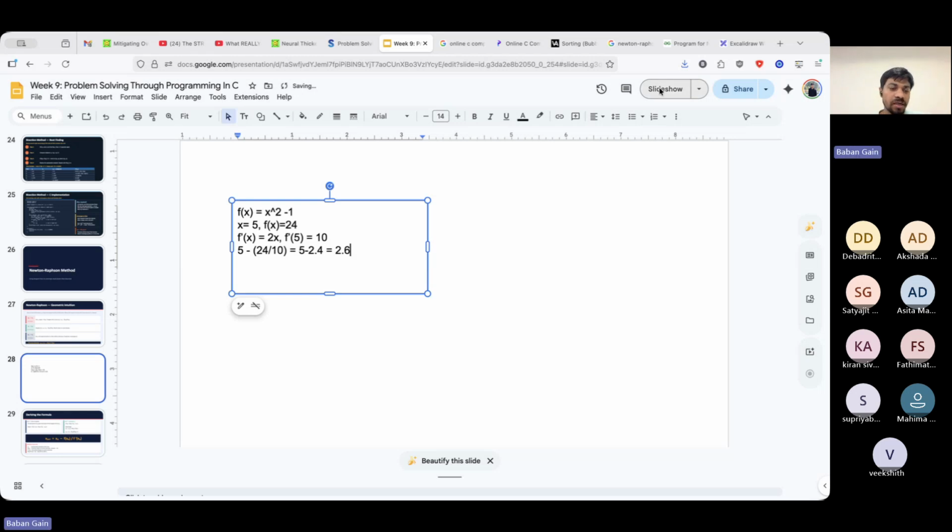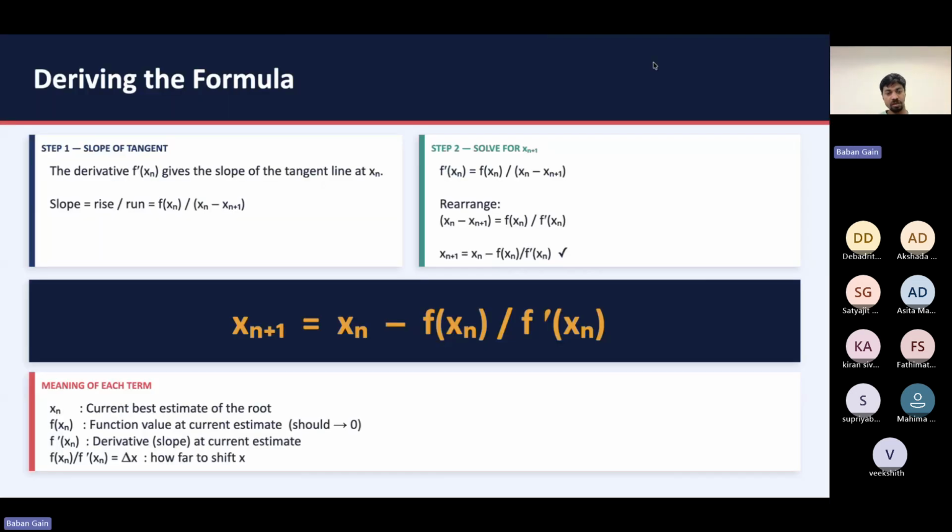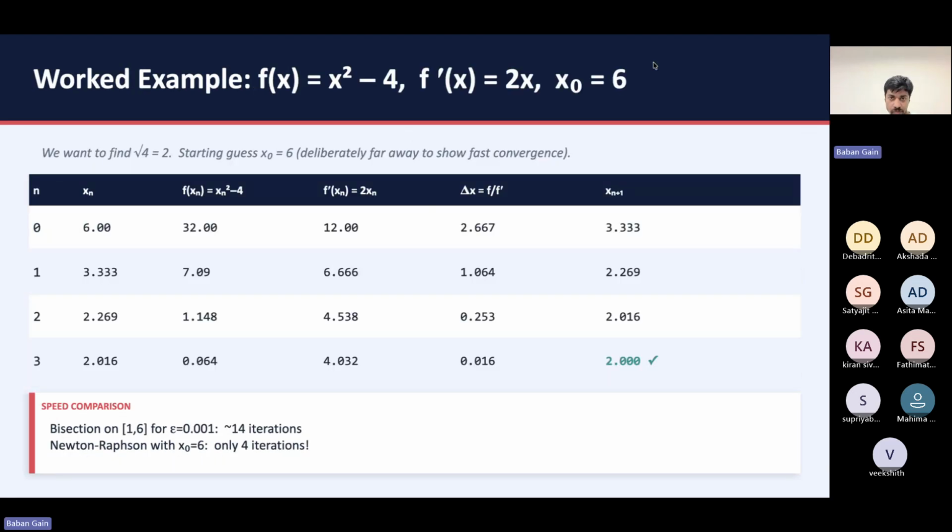So the advantage of this method is that it is quite fast. Let's say you have an equation like x square minus 4, and even if you start at x equal to 6, the root of x square minus 4 is 2.